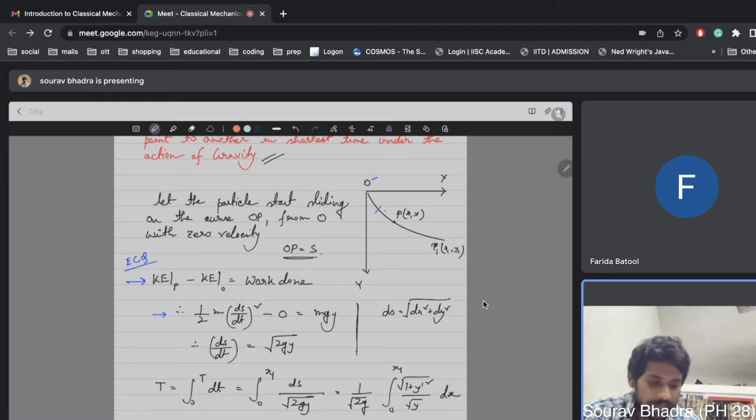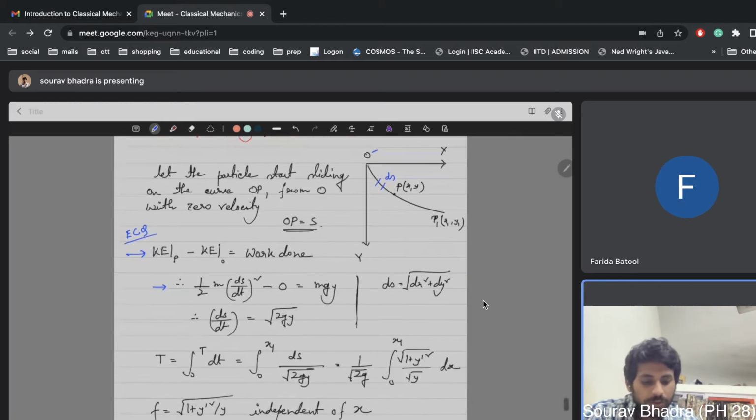This ds can be written as the square root of dx square plus dy square, because if you consider this small part as a right-angled triangle, with sides dx and dy and hypotenuse ds, then ds square is dx square plus dy square.